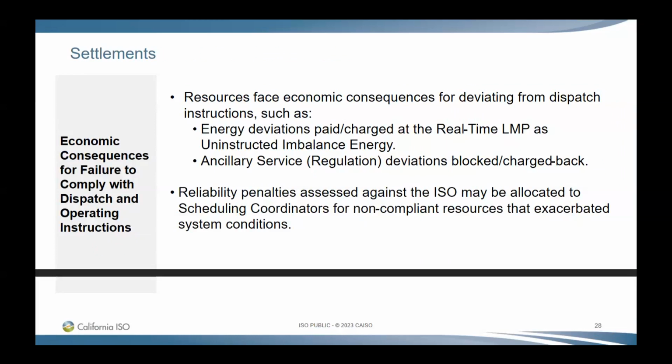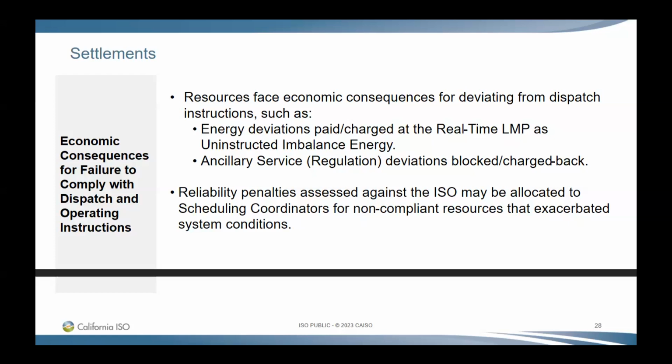So let's break those down and look at what those implications are. For settlements, these are economic consequences for failing to comply with dispatch and operating instructions. And those could be for deviating from your dispatch instructions. So you get the settlement charge for any kind of deviations, paid or charged, and that will be at the real-time LMP, and it will show up on your settlement statement as uninstructed imbalance energy.